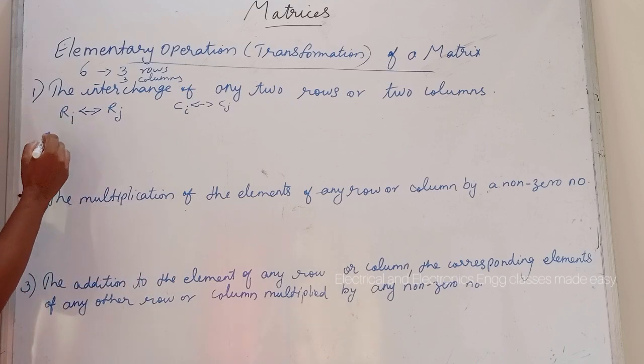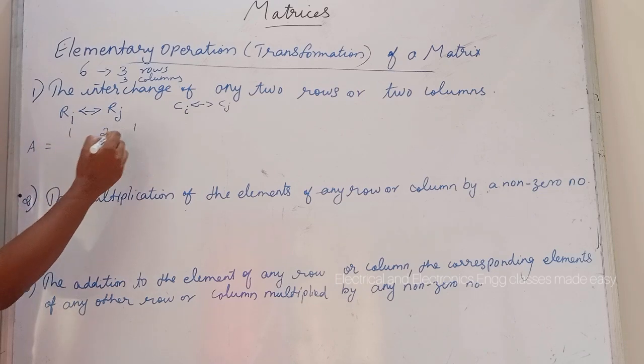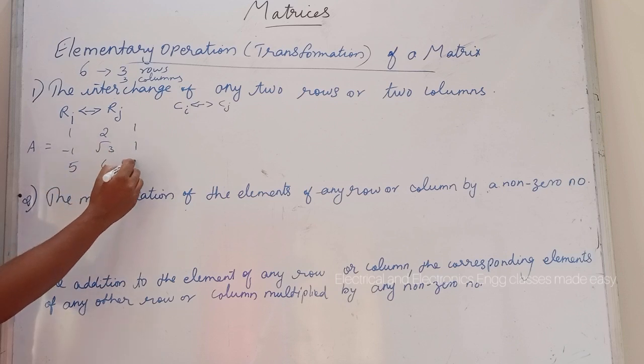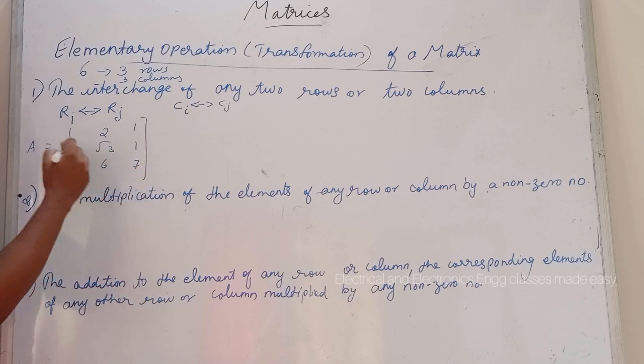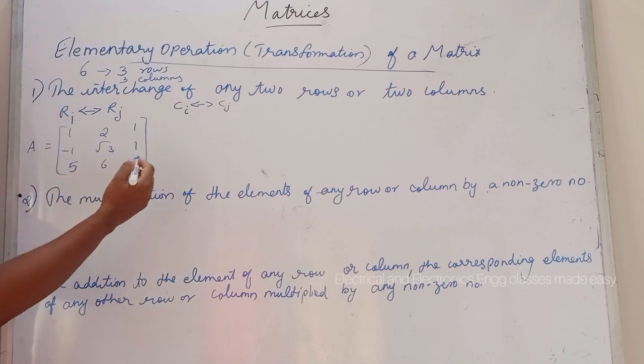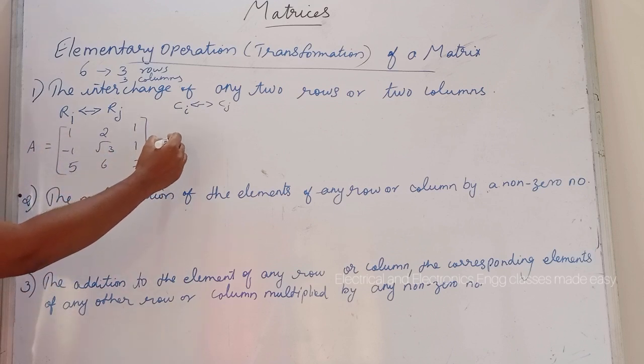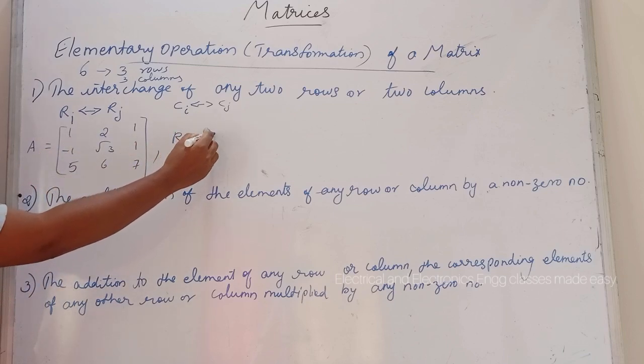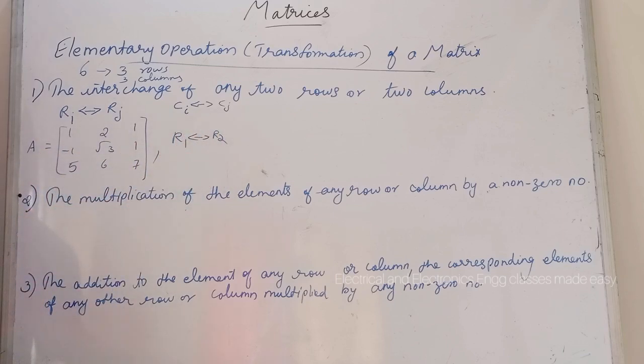For example, let A is equal to 1, 2, 1, minus 1, root 3, 1, then 5, 6, 7 is a matrix. Then we can apply R1 is interchanged with R2.